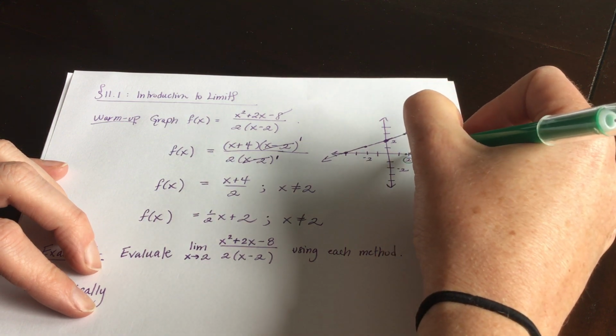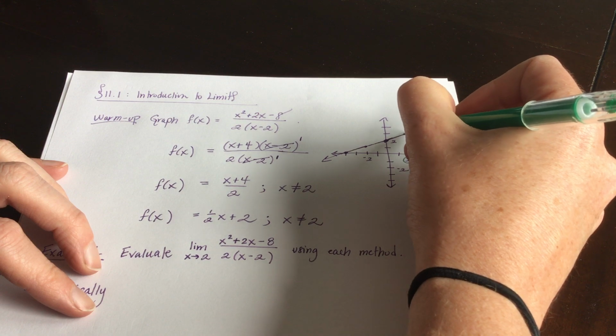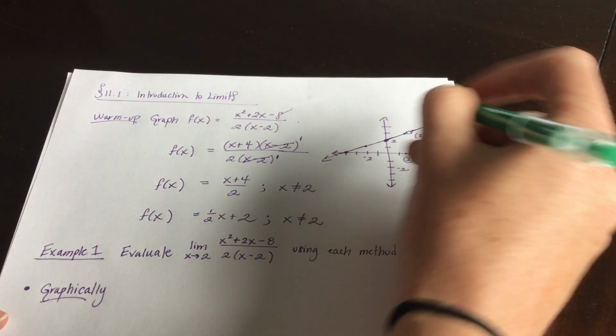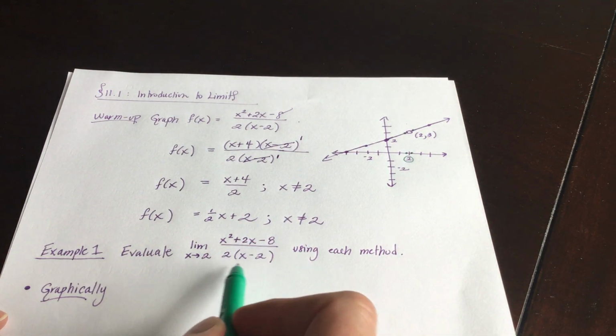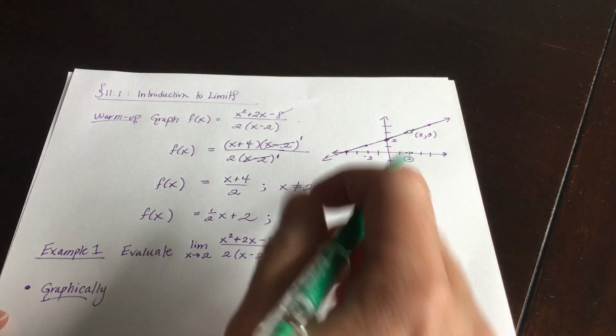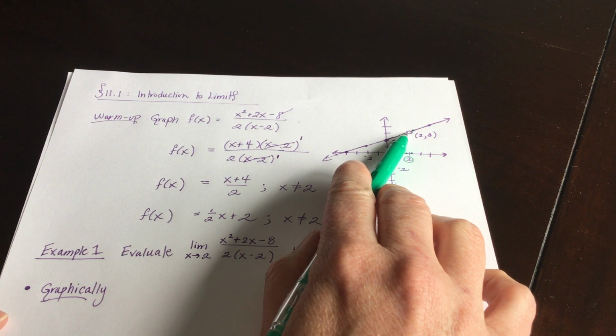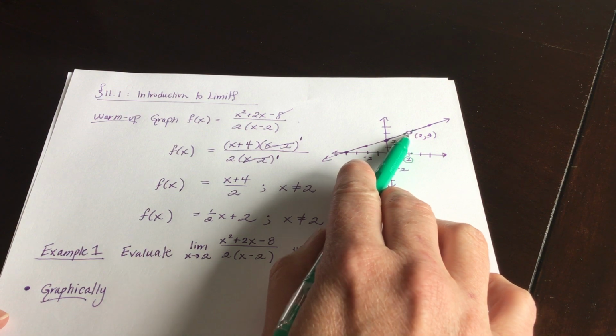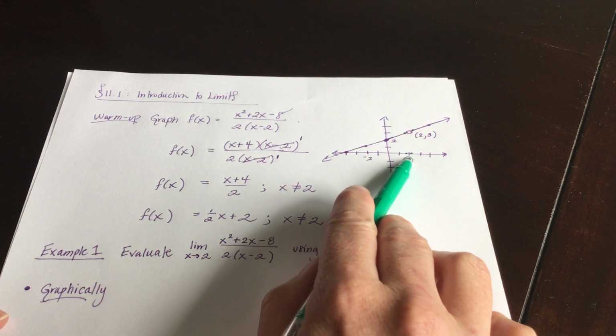The closer the number you plug in gets to 2, the closer the y values would be to 3. So we would say that the limit as x approaches 2 of this expression, according to the graph, is 3. Even though the number 3 never really got attained, you are getting infinitely close to the number 3 as you get infinitely close to plugging 2 in.